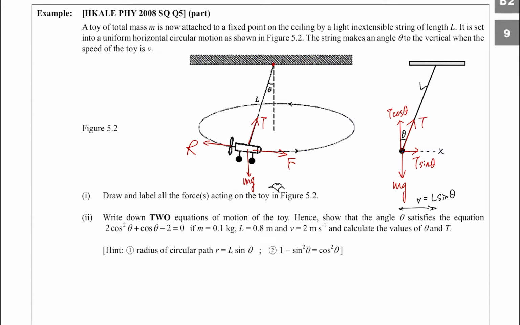Firstly, let's look at the horizontal part. T sine theta is equal to mv squared over r. Here we express r as L sine theta.